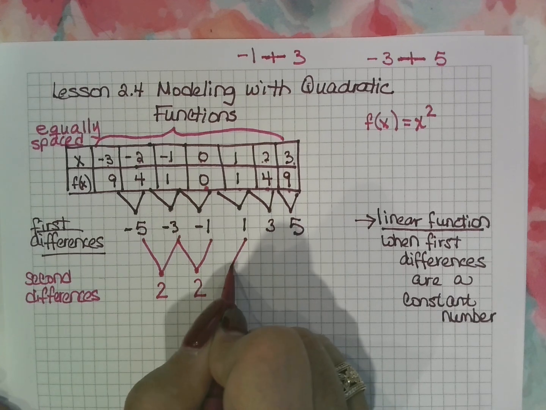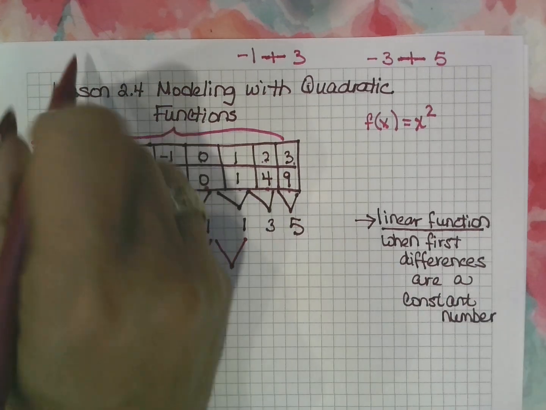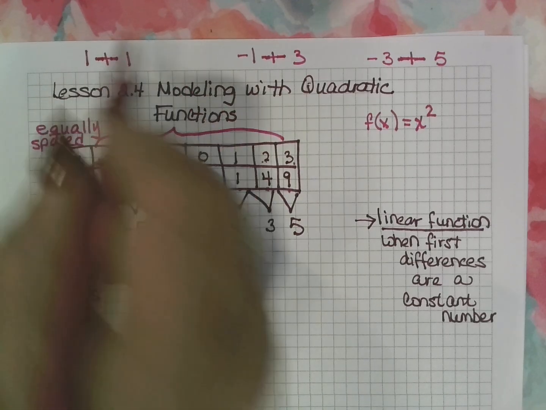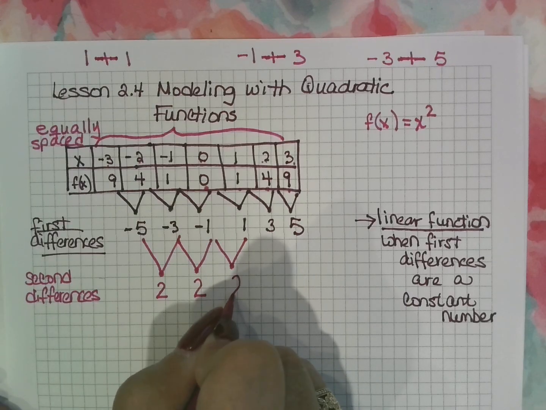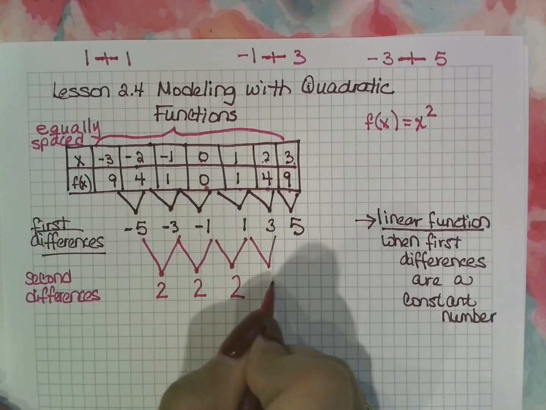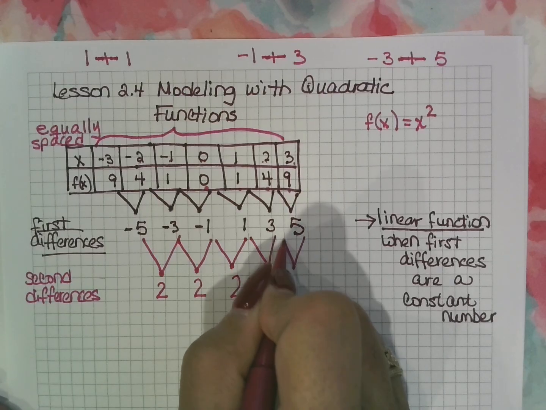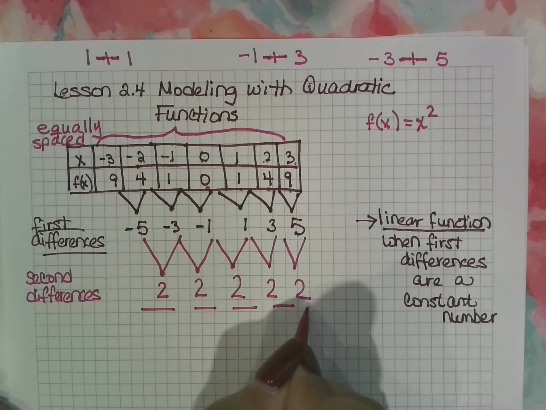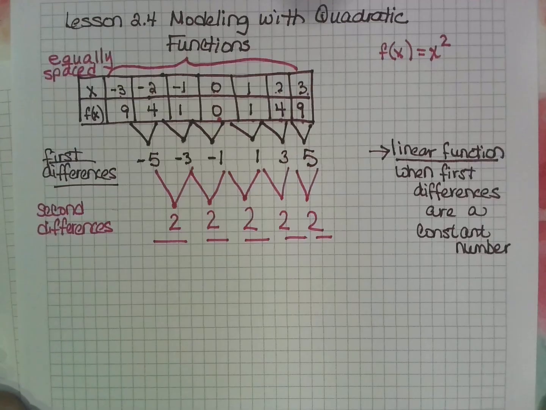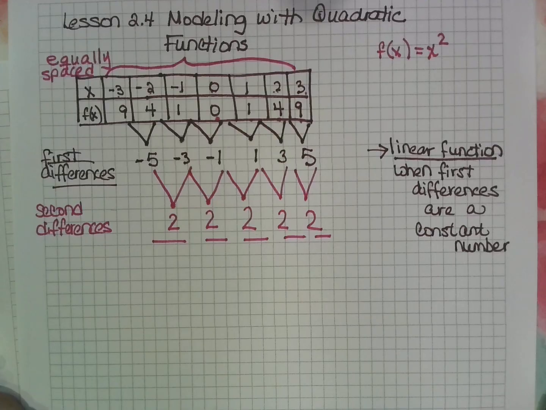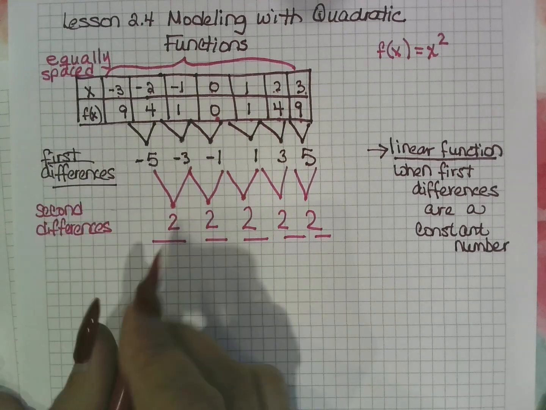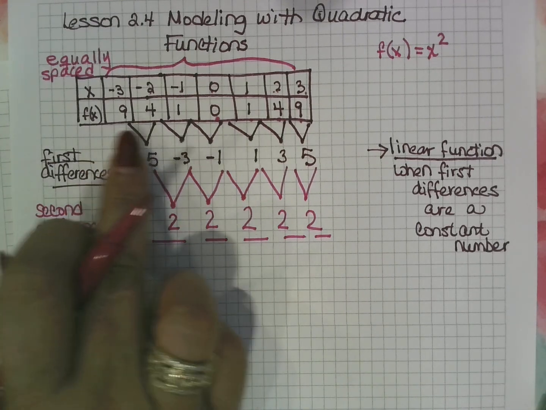Then we're going to do 1 minus -1. So once again, we're going to get 2. And then 3 minus 1, that's 2. 5 minus 3, that's 2. Now if you notice, the second differences are the same number. It's a constant number. They're 2 always, right? So that's telling us that this function is quadratic, and we can use a quadratic function to model the data.